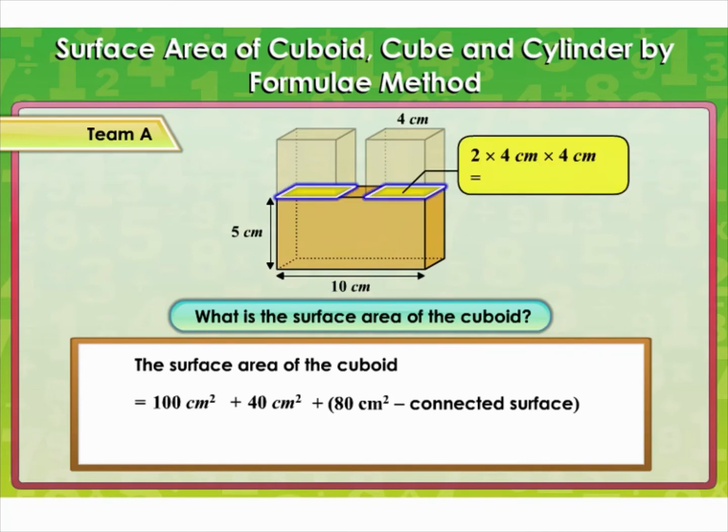Two times 4 centimeters by 4 centimeters equals 32 square centimeters.